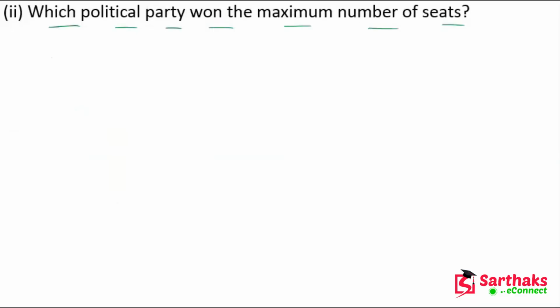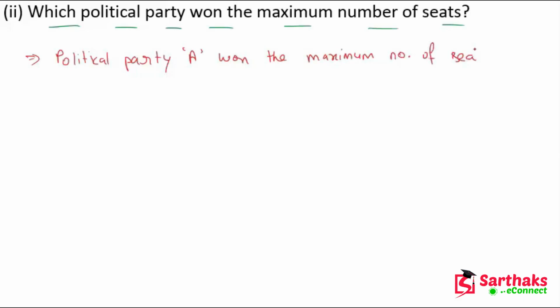So we can write it as political party A won the maximum number of seats. Okay, I hope you understand these things.